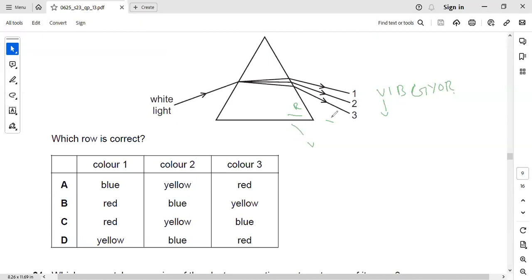Here they are given only three colors: red, blue and yellow. This one will be red, least deviated. Second is yellow, and third, most deviated, is blue. So the right choice is C: red, yellow, blue.